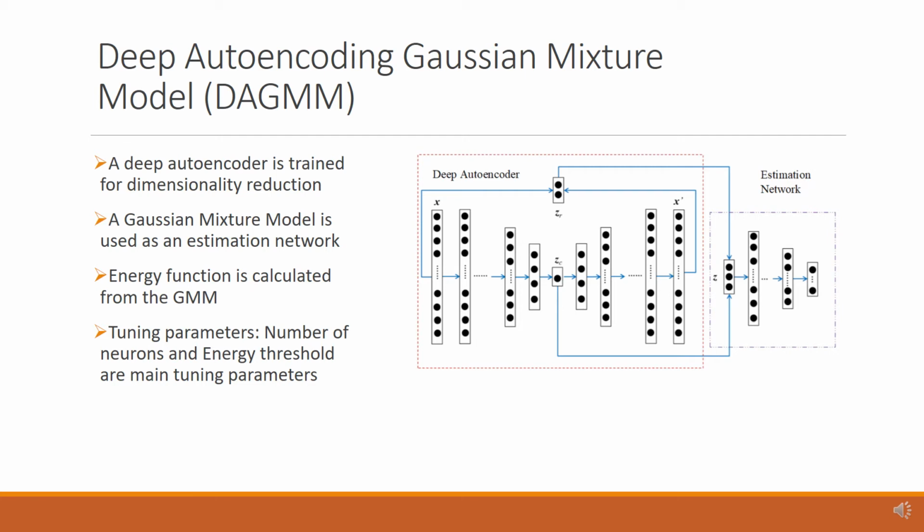Deep autoencoder will give us the output. The output of deep autoencoder will feed to GMM, and GMM will say whether it is anomaly or not. That's pretty much the process. So here the tuning parameters are number of neurons in deep autoencoder and the energy threshold.